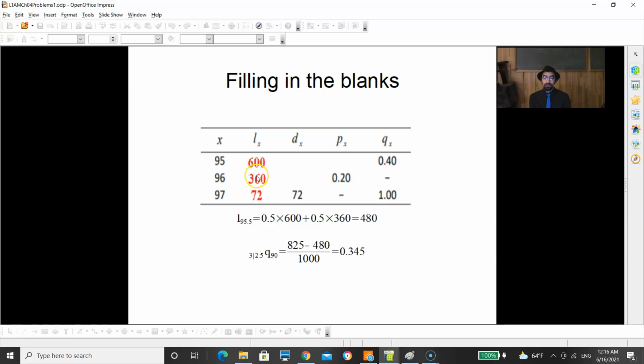And once you have that, L95.5 is going to be halfway between L95 and L96. That'll be 480, halfway between 600 and 360. Crunch your numbers, you get Q90, 2.5 Q90 deferred 3 years is 0.345.